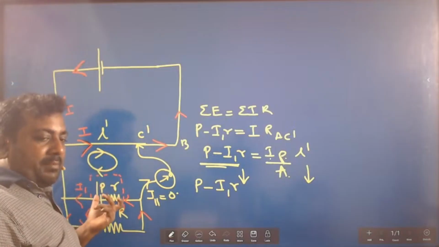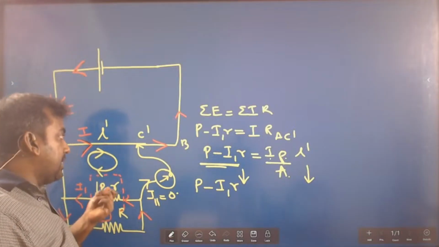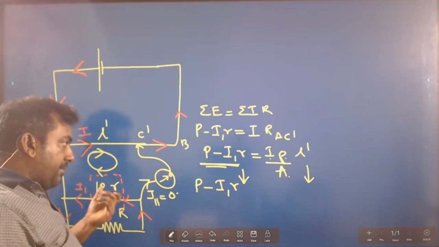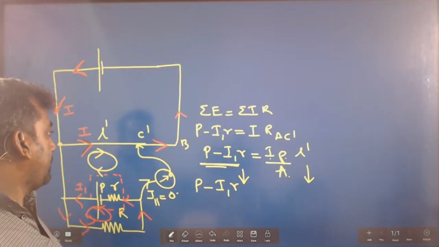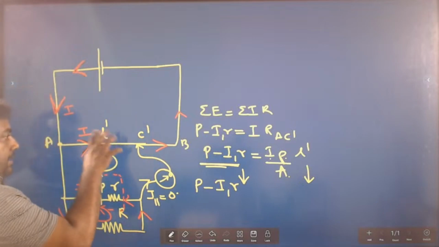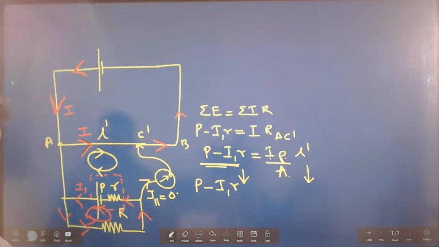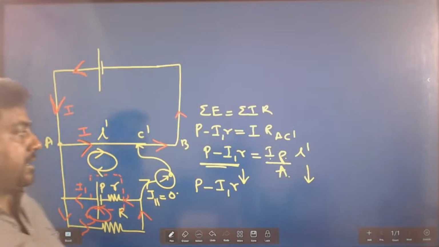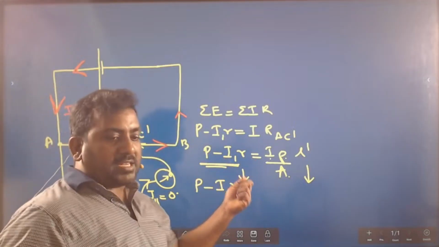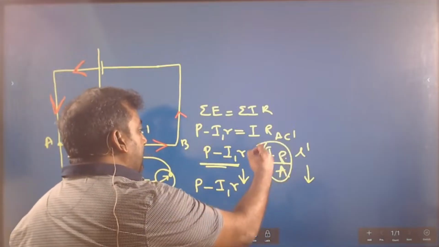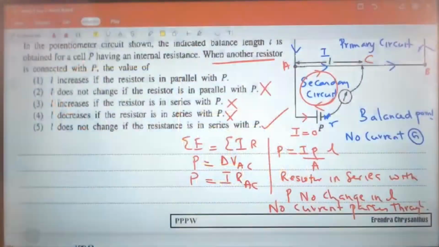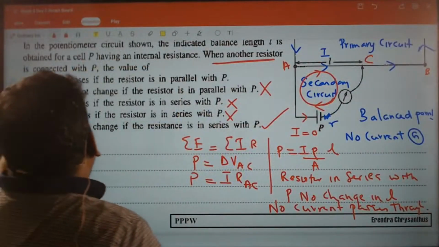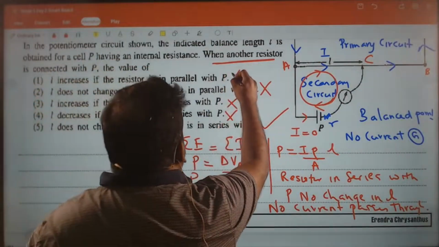Therefore, since the terminal potential reduces, the balance length will also reduce. So don't forget, terminal potential reduces, this part is a constant, so balance length will reduce. Okay? Right. So saying it will increase if it's connected in parallel is wrong.